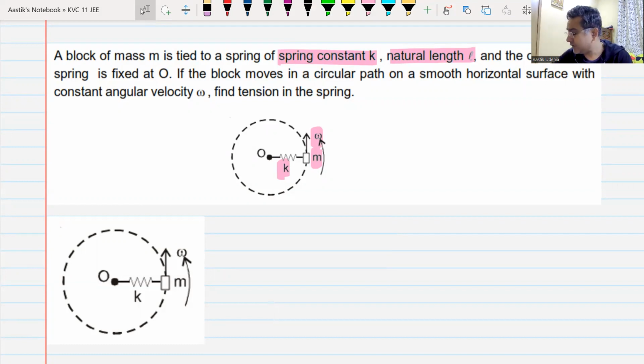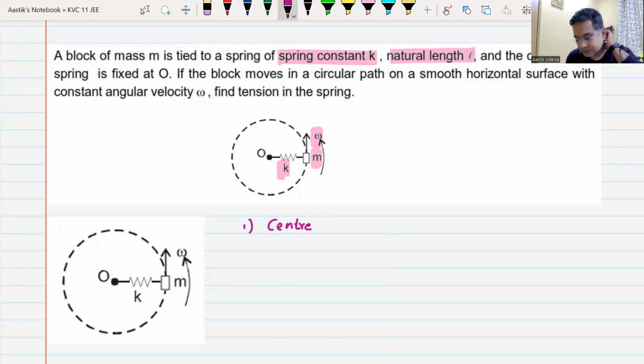Now, I have to make three equations. The first equation is towards the center. Now, this is moving in a circular path. Who is providing the block with the centripetal force? Is there any force? Yes or no?